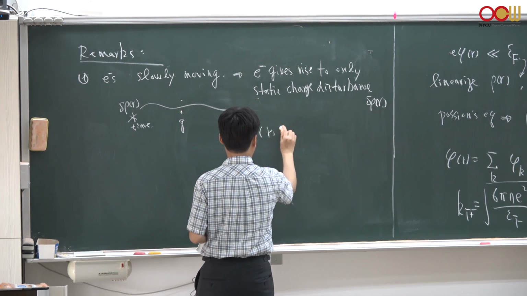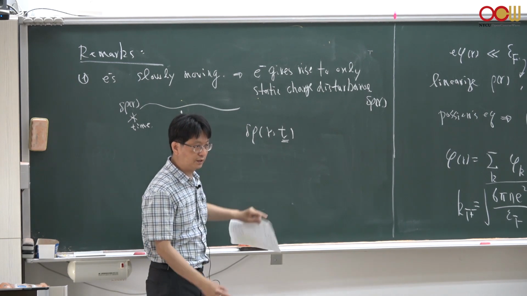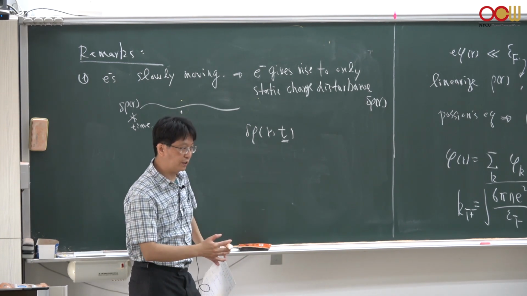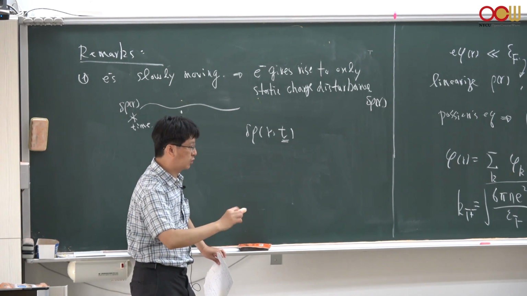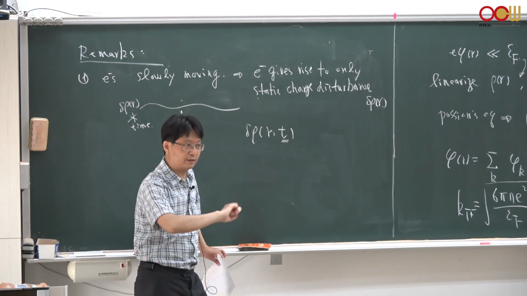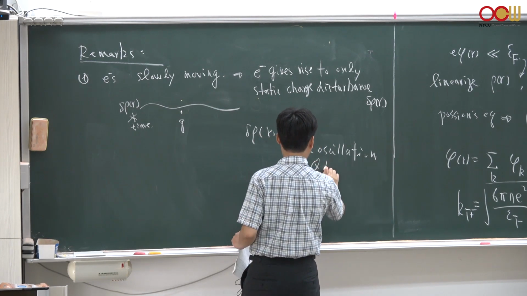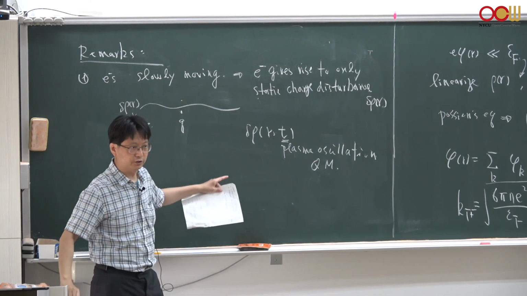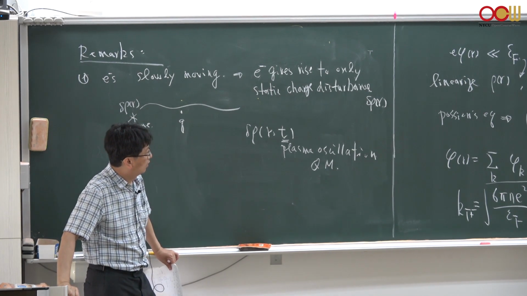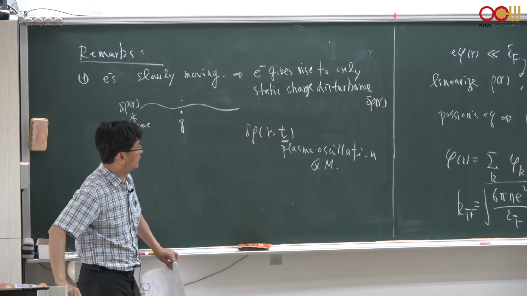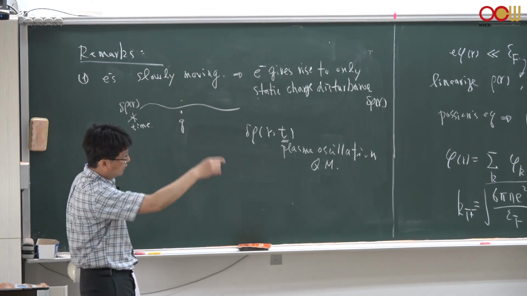In reality, delta rho does not only depend on space, but also depends on time, which means that quantum mechanically, because of the uncertainty principle, this charge distribution or disturbance fluctuates back and forth in time. It's called plasma oscillations. And this is a purely quantum mechanical effect, which cannot be captured within the Thomas-Fermi approximation. Thomas-Fermi approximation describes only a static charge disturbance, which leads to some kind of a cutoff.